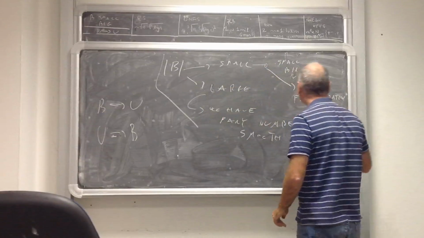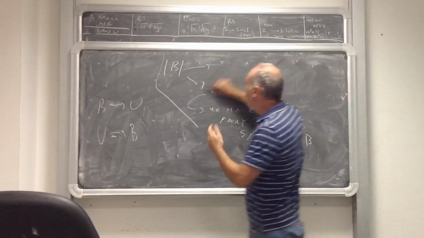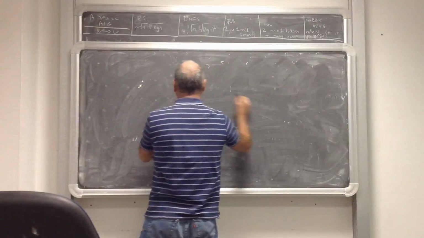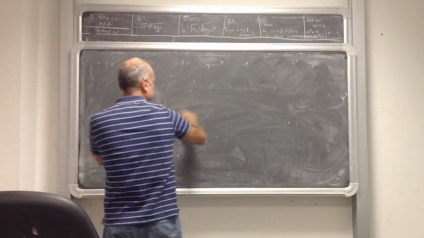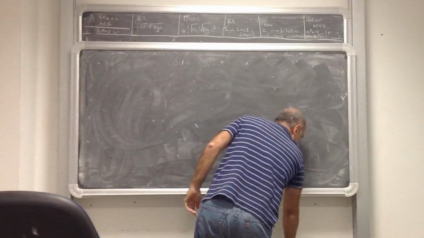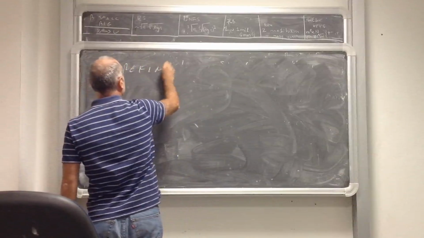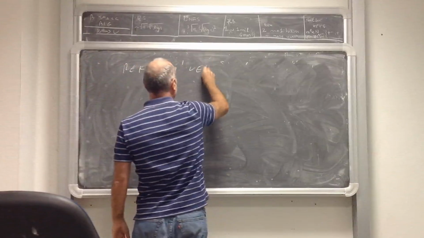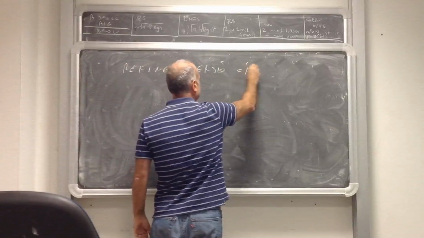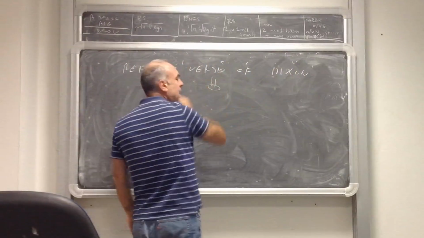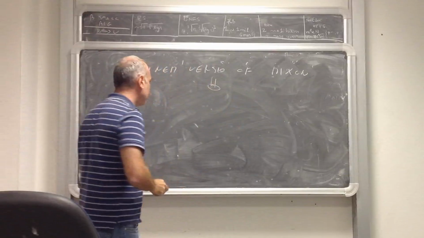But if you take a very refined version of Dixon, you can get a nice complexity. A refined version of Dixon can arrive at the following complexity.